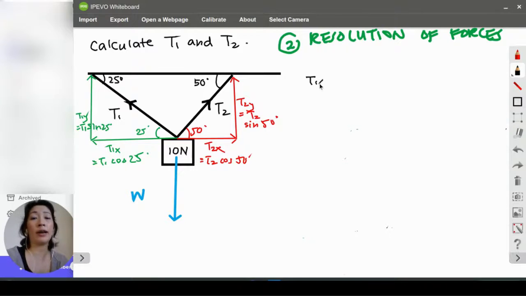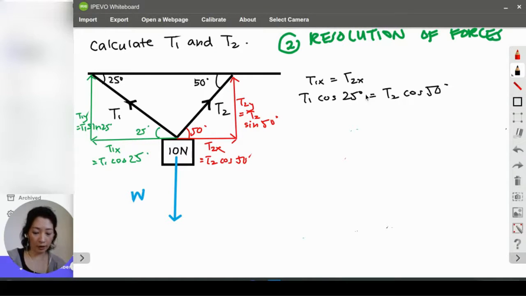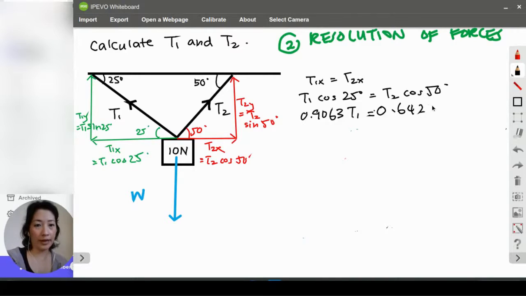When the forces are in equilibrium, that means the forces are balanced. So you'll find that the horizontal components have to be equal. That means T1x must be equal to T2x. That means T1 cos 25 must be equal to T2 cos 50. Just like earlier, you solve for the values that you know, which is cos 25, 0.9063 T1, as well as cos 50, which is 0.6428 T2.